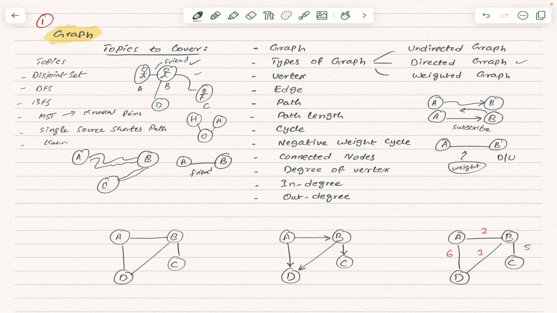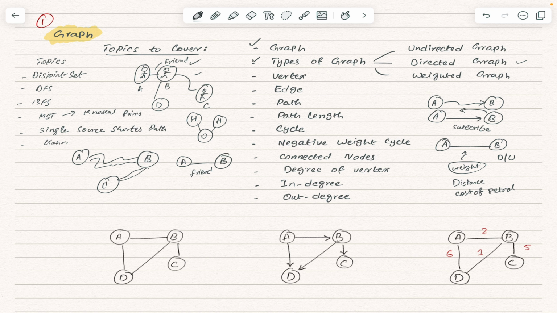That weight could be any parameter, like a distance, or, let's suppose, the cost of petrol, or anything which shows the weightage of that relation. Those types of graph we call weighted graphs. That could be directed or undirected. So we come to know that there are three types of graph: undirected graph, directed graph, and weighted graph. All right, so these two topics are done.